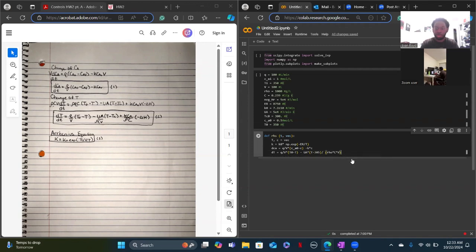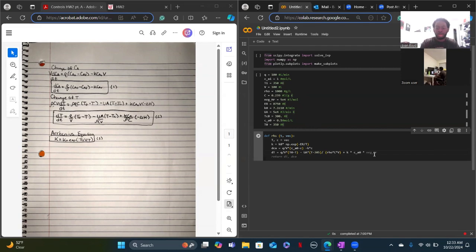Okay. And then lastly, we'll put in our Arrhenius constant times our concentration of A, so C. And then actually, would this be C or CAI? I think it would be CAI. No, it'd be the initial concentration, CA0. Yes, I'll check that later, but I'm pretty sure that's right.